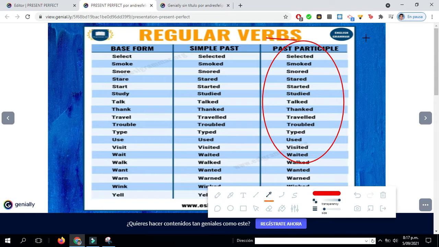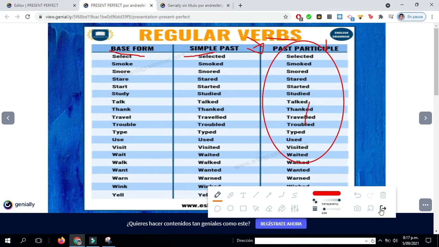In the previous topic, when we studied the present simple, we used the base form of the verbs. In the previous term, when we studied simple past, we practiced the past simple of the verbs, we used the simple past form. But in the present perfect, guys, pay attention to me, we use the past participle form. In questions or in answers, I always use this conjugation, okay?